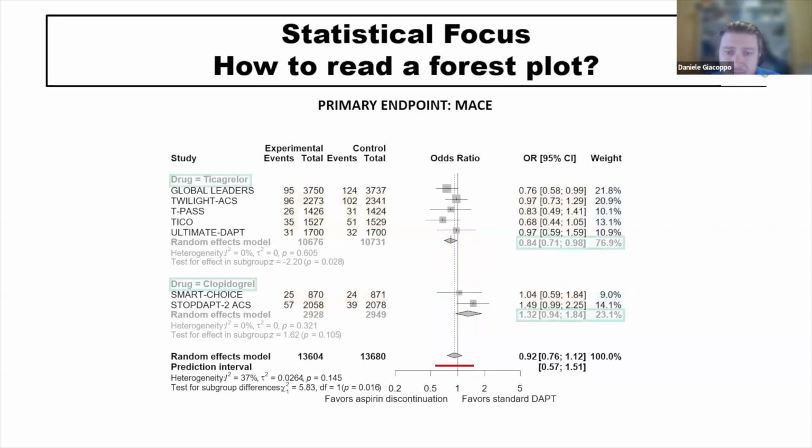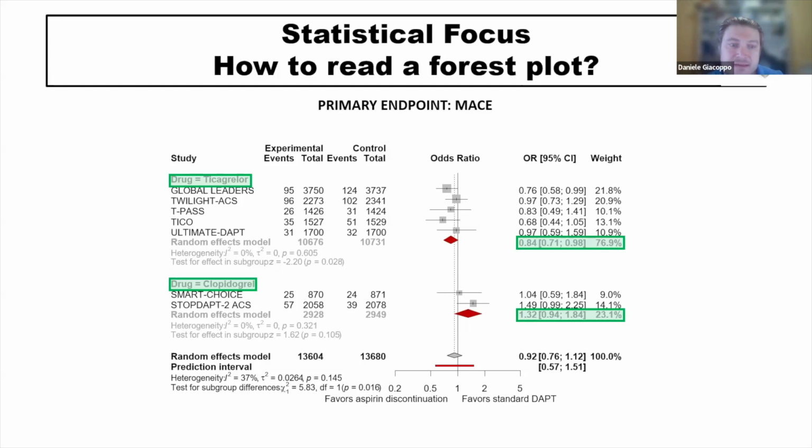This is a stratified forest plot because the authors properly grouped the trials according to the type of P2Y12 monotherapy employed in the study. So you will have a first set of trials using ticagrelor after short DAPT, and the second group of two trials, clopidogrel.